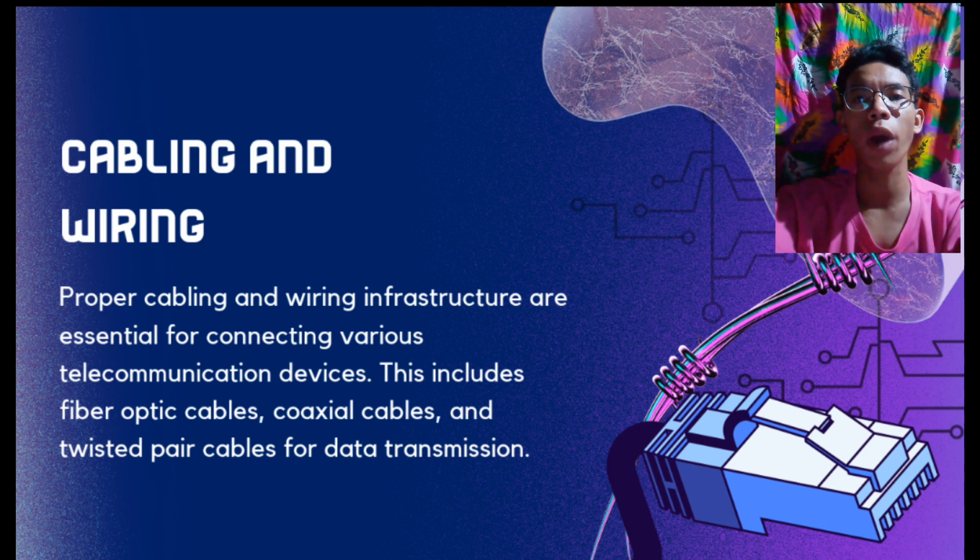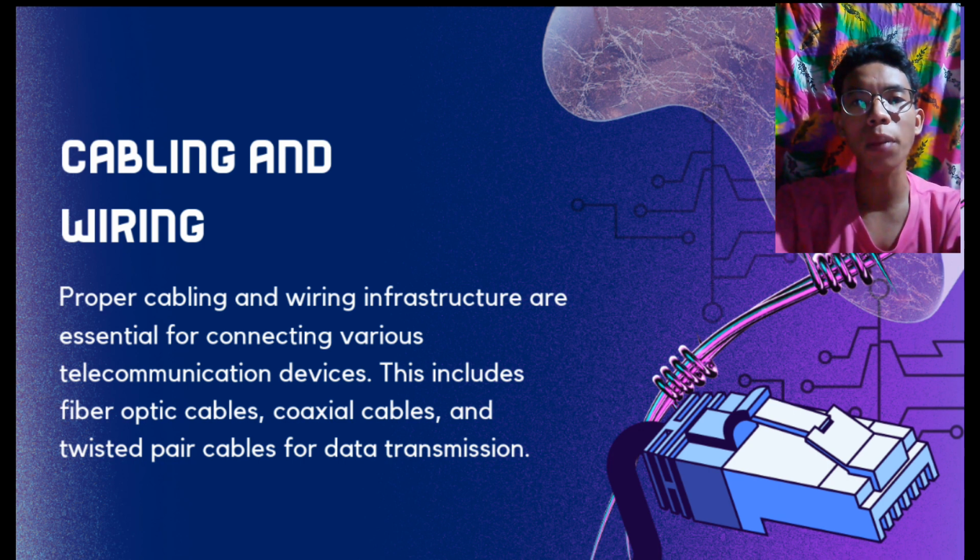Next is cabling and wiring. Form the physical infrastructure that connects these devices, ensuring the smooth flow of information. Ethernet cables, commonly used in local area networks, or LANs, provide a reliable and high-speed connection between devices. Fiber optics, utilizing light signals, offer even greater data transfer rates over longer distances.